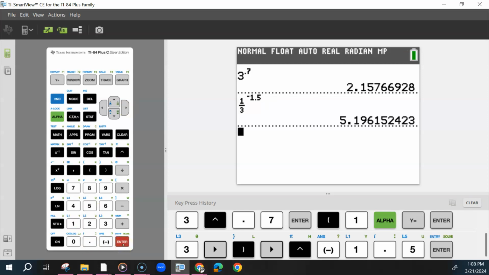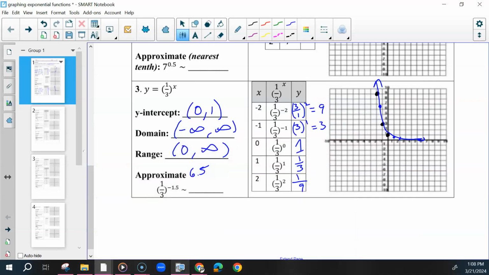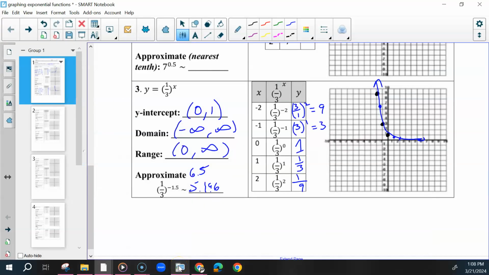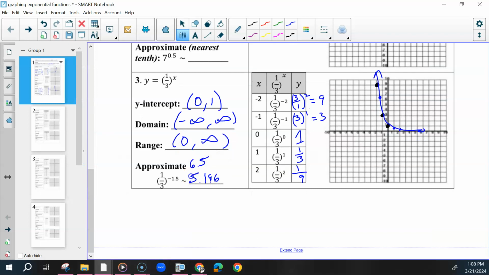And I was way off, but 5.196. Sorry, my board is a little weird today, but those would be the characteristics and the graph of number 3.